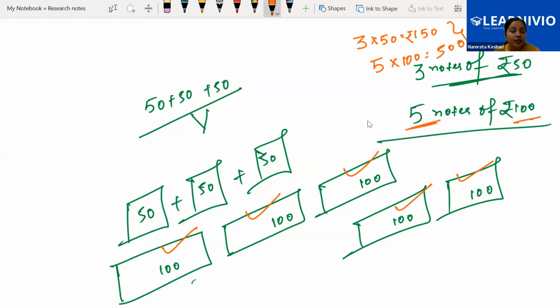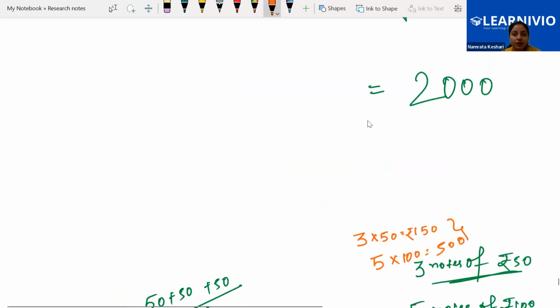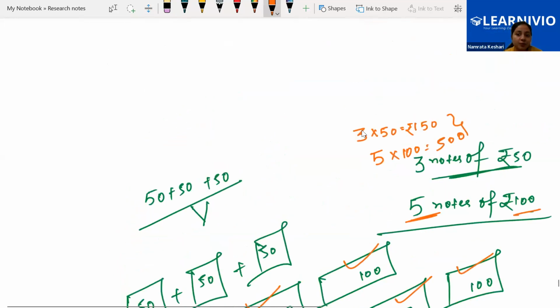Are you getting the point? Number of notes into whatever the note denomination is, whether 50 rupees, 100 rupees, or 200 rupees. We multiply each note's amount, and at last we do the addition.